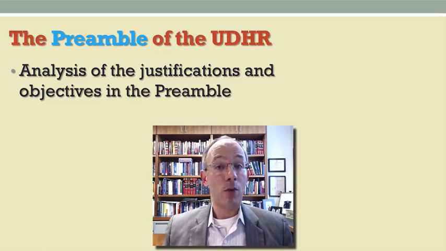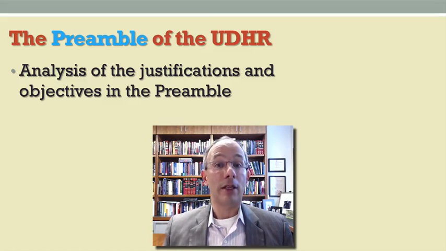Now, you might be wondering, why is it that the Declaration contains such a mix of different rationales? And I think the answer to that question lies in the fact that the drafters of the Declaration, who were members of the UN Commission, could agree on the list or catalog of protected rights and freedoms, but they couldn't fully agree on the rationales for protecting those rights.